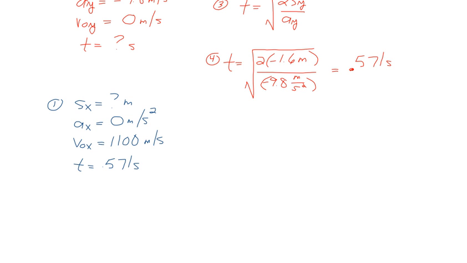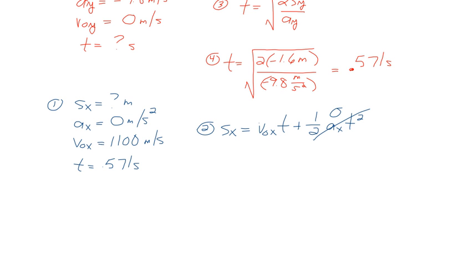I see we're almost out of time. So the equation that I would be using, I'm going to try and rush through this. S equals VOX T plus 1/2 AX T squared. AX is 0, so my equation simplifies, and I don't even have to rearrange it.